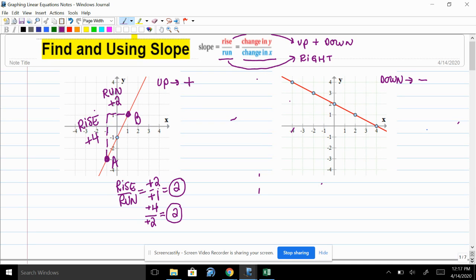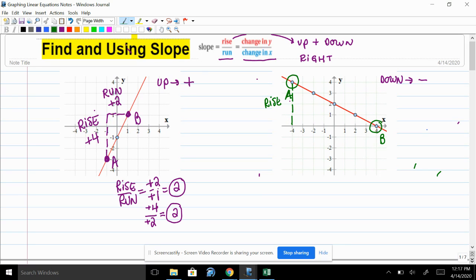If I take a look at that problem, let's change up my color. I'm going to neaten this up a little bit, because this is a touch screen. Okay, now I know my answer is going to be negative because it's going down. Let's say I wanted to go there. I'm going to call that A, and I'm going to call that B. All I'm going to do is count. I don't even care what they are. 1, 2, 3, 4 down.